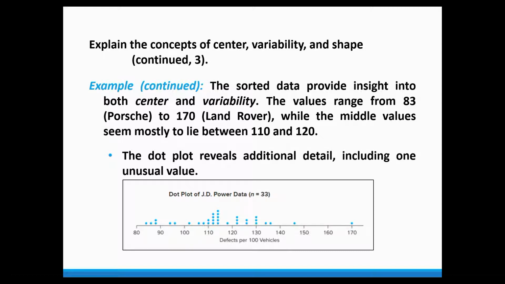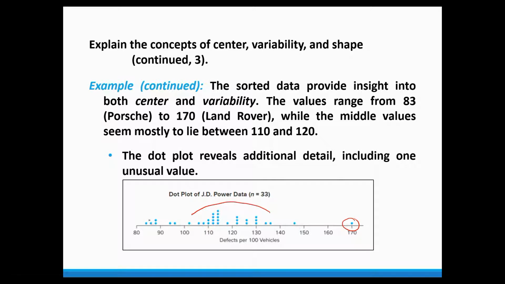If we again describe the data visually, we can see that most of the data are concentrated in this area, and we have here 170 as an outlier because it's really far away from the concentration of the data. This indicates that it's not symmetric.